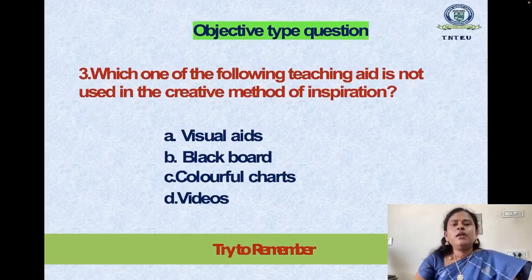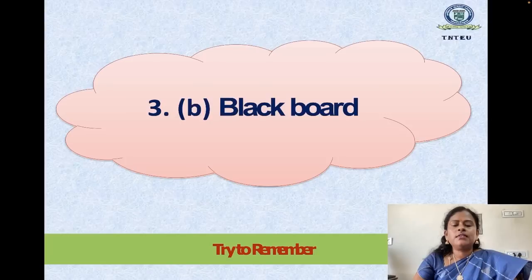Third question: Which one of the following teaching aids is not used in the creative method of inspiration? Options: option A, visual aids; option B, blackboard; option C, colorful charts; option D, videos. Try to remember. The answer is option B, blackboard.